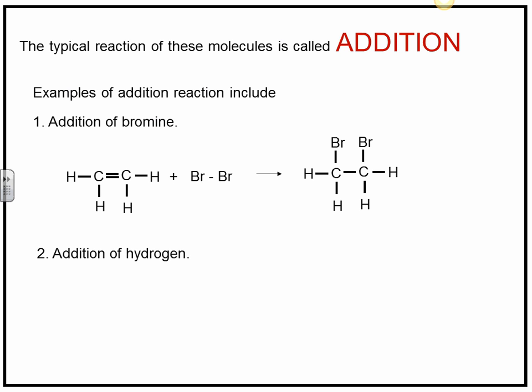Anna? What is it about bromine? What makes bromine so good at reacting here? What group is bromine in the periodic table? Do you remember? The halogen. What group is that? Group 7. And all group 7s have what property?